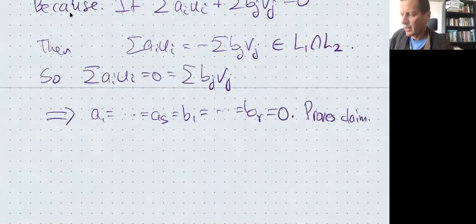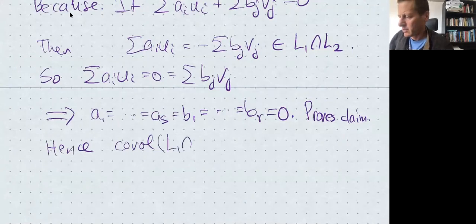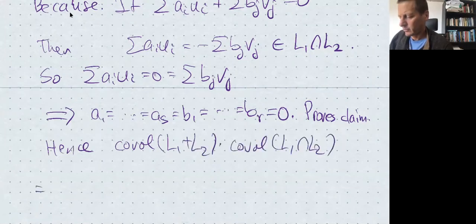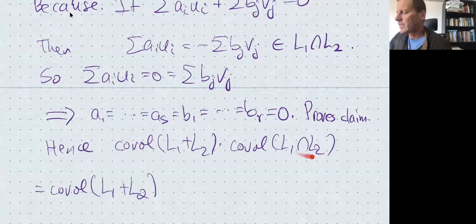So now I can apply the previous corollary about using the wedge product. So what I want to have on the left-hand side is this. Remember that L1 intersect L2 is the 0, the trivial space, and we had a convention that the covolume of the trivial space is 1. So this is just that.